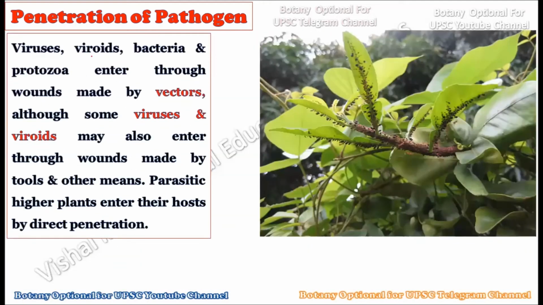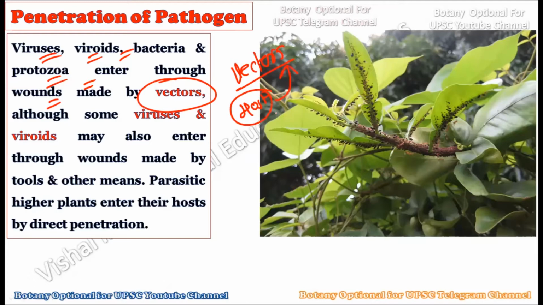Now the viruses, viroids, and also some bacteria and protozoans, enter through wounds made by vectors. Majority of the time, when pathogens are transferred from their original place to the host, they are transferred by vectors. Vectors are majority of the time insects. These insects carry these organisms, for example the viruses, viroids, bacteria, and protozoa, on their bodies, and these insects regularly visit the plant, and indirectly act as vectors.